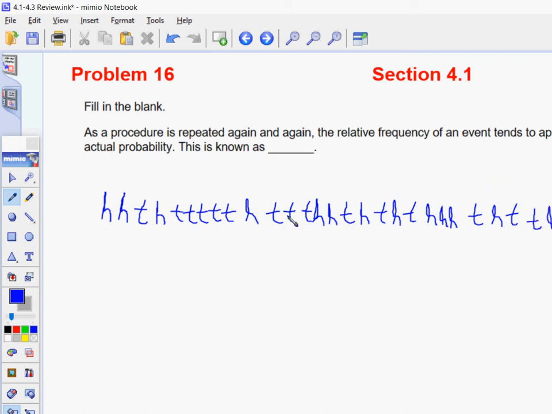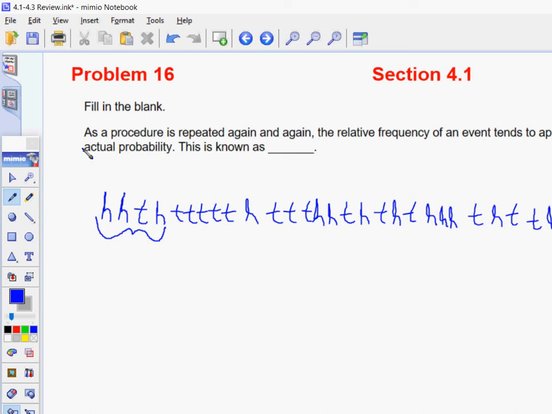All right. The point is, I'm not surprised with these first 4 that 75% of them were heads. I only threw 4. But if I threw 10,000 of them, I would be very surprised if 75% of them were heads. I'd say, hey, that is a fishy coin.